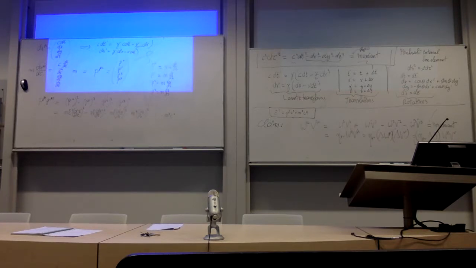You remember the formula for time dilation? Can you tell me what it was? T equals gamma times proper time. So dt equals gamma times d tau. But it's still the same d tau, right?